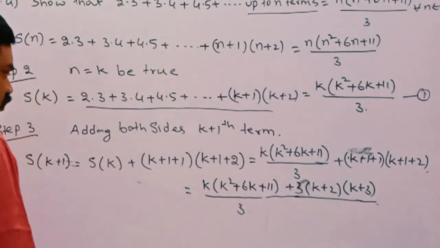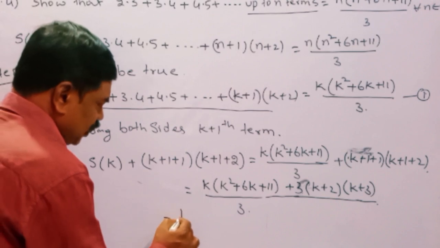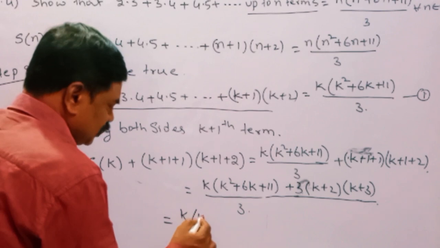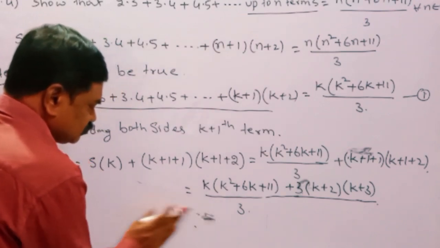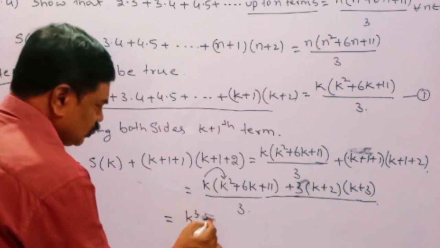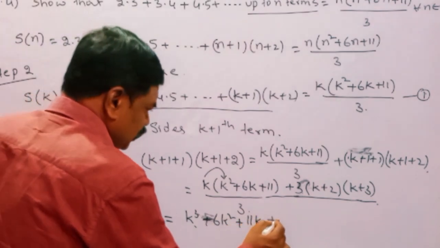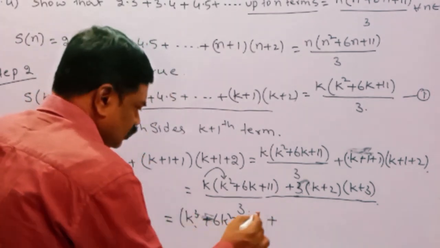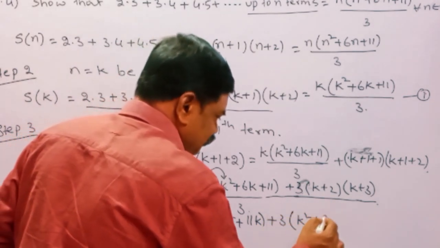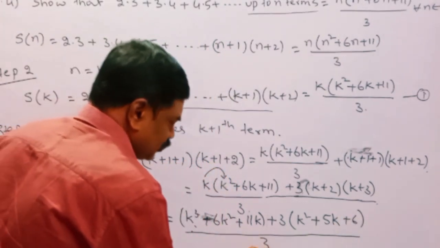Okay, all of you. This is equal to k of k square plus 6k plus 11, that is k into k cube plus 6k square plus 11k plus 3 of k square plus 5k plus 6 by 3.